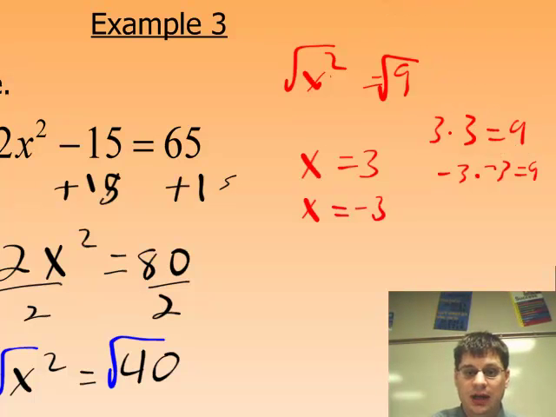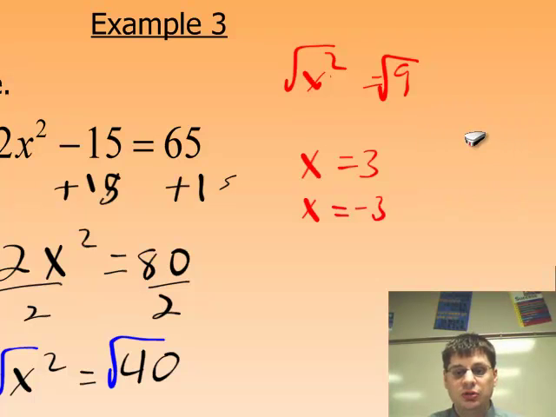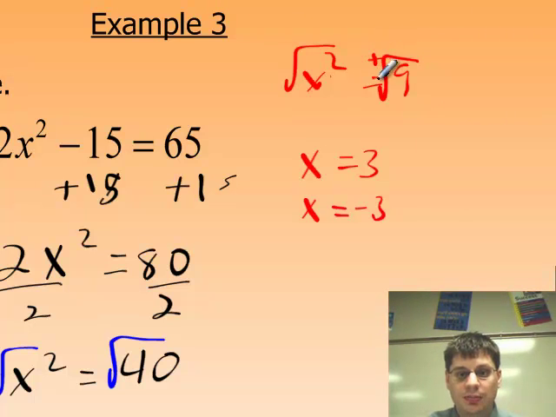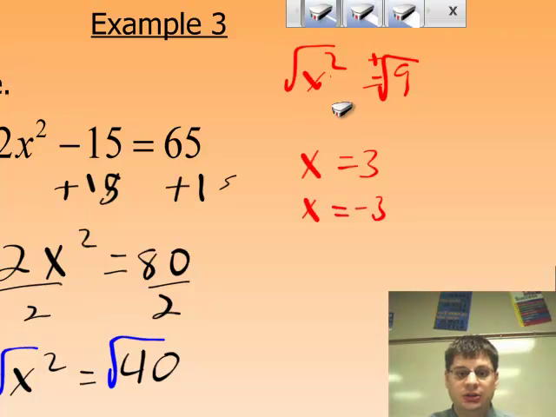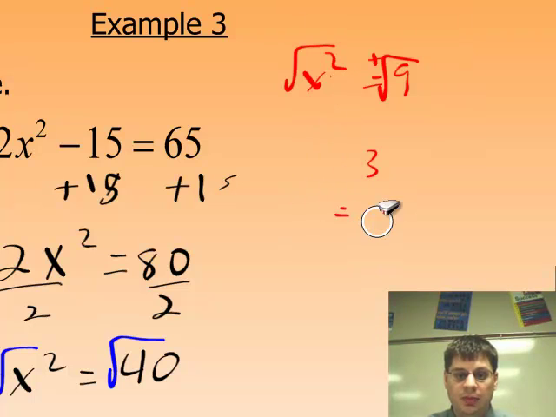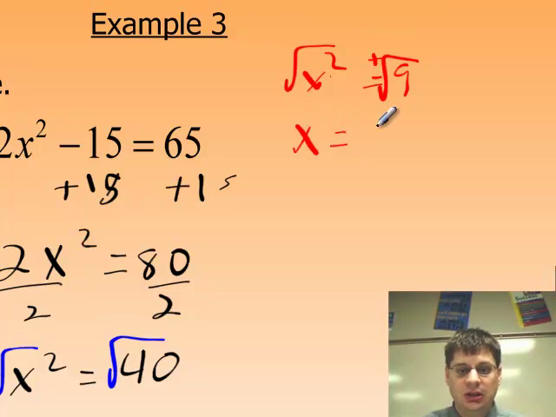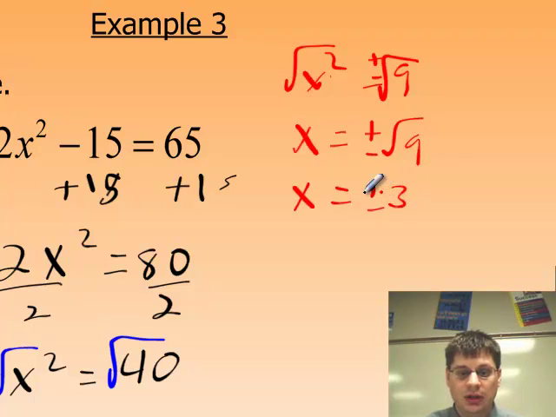So we have to account for both positives and negatives. So when we do that square root, we want to include what we say, plus or minus. Okay, plus or minus. So I can write my answer in this little side example as x equals plus or minus the square root of 9, which means that x is equal to plus or minus 3.